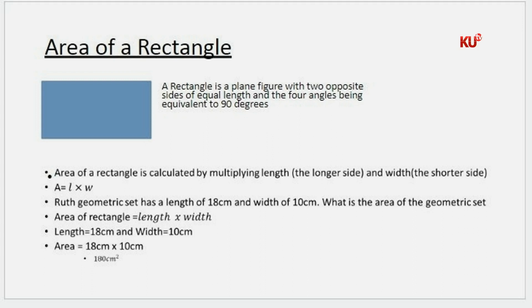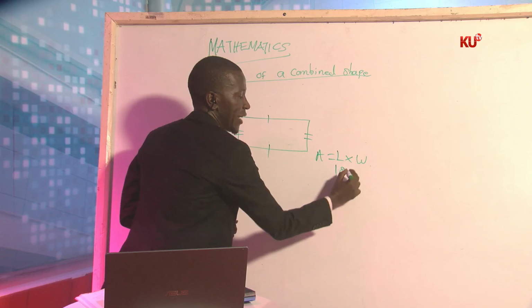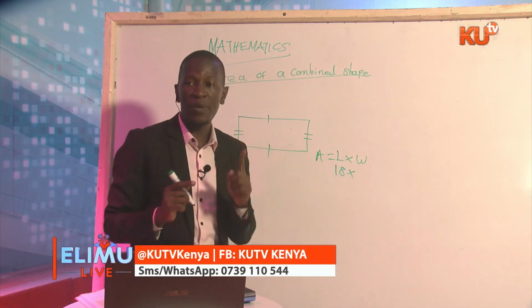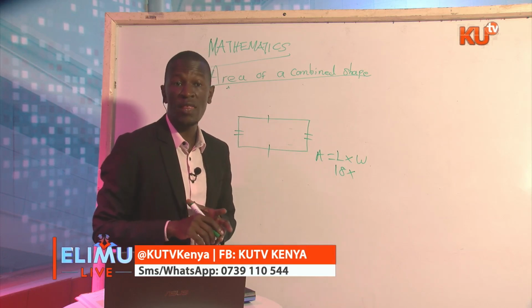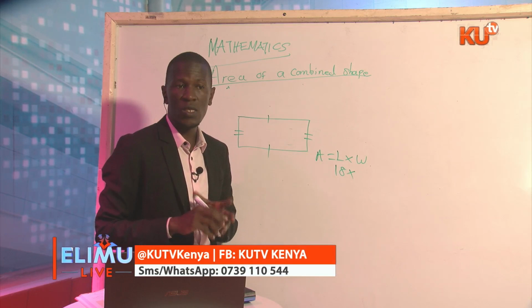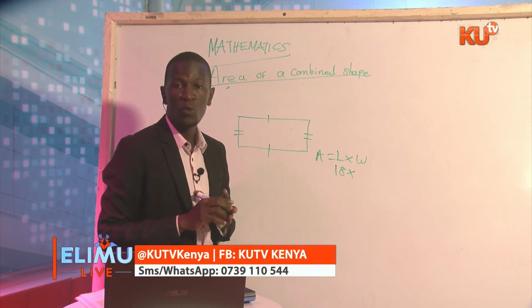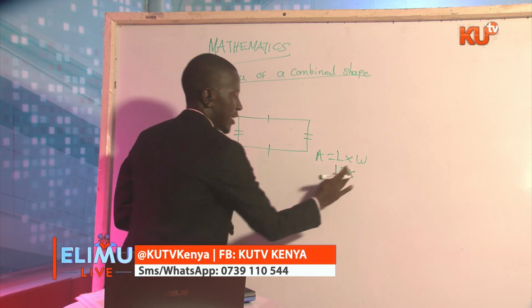So once you have noted down the formula, you now substitute. The letter L stands for length, so you substitute L with its original value, which is 18, times W stands for width, so you substitute W with its original number, which is 10 centimeters.